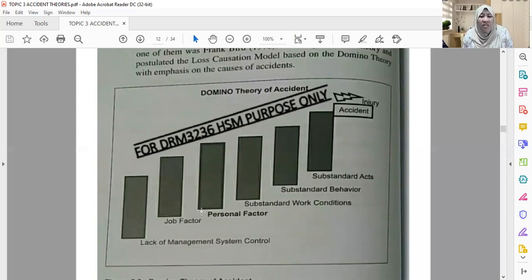Alright, and then personal factors due to the human flaws, or maybe in terms of the loss of focus, exhausted, or maybe burden. So they feel something like this is not the right job for me, for example. They do not love the job, how do they want to perform well? Okay, and then substandard work condition, certain work condition is actually forcing them to do that.